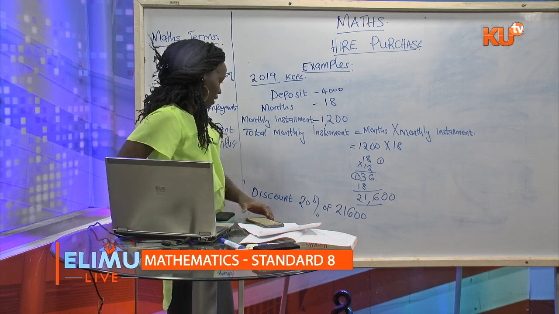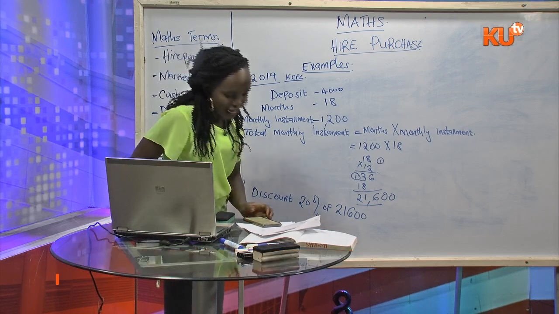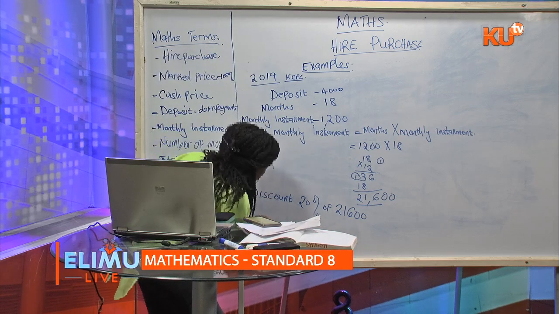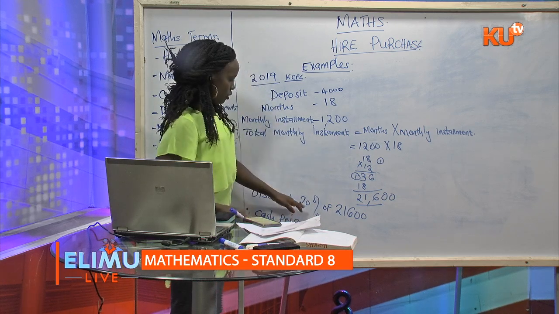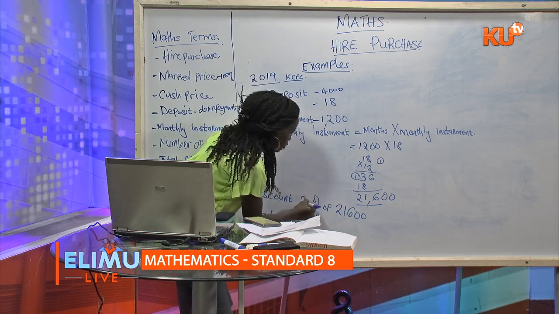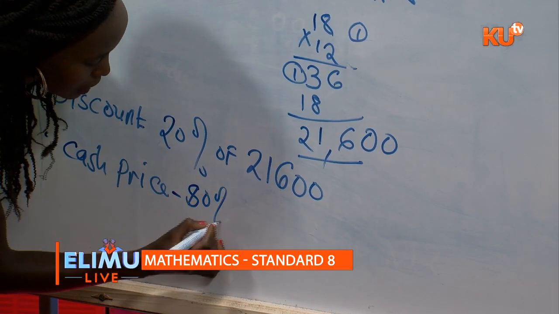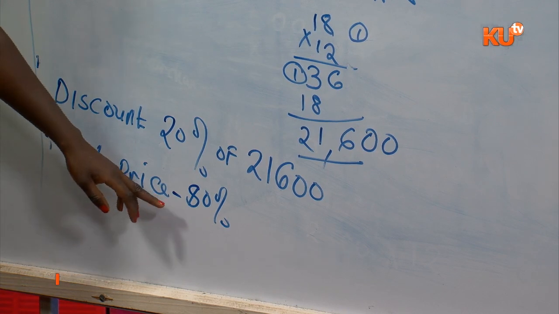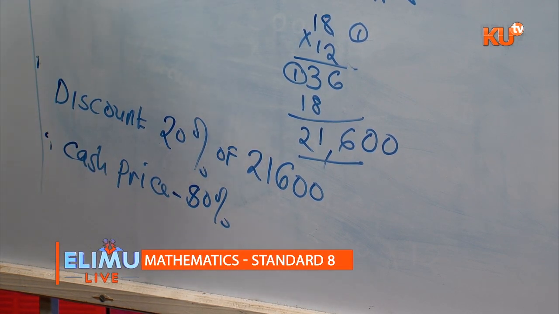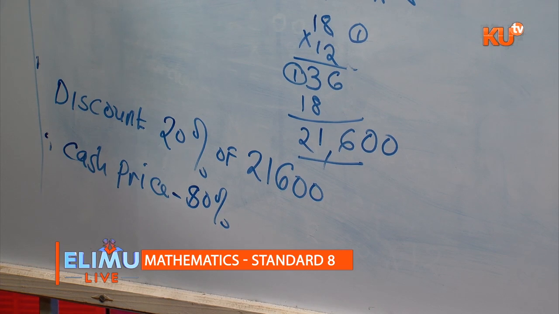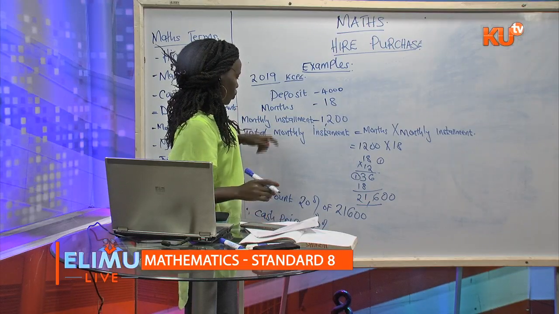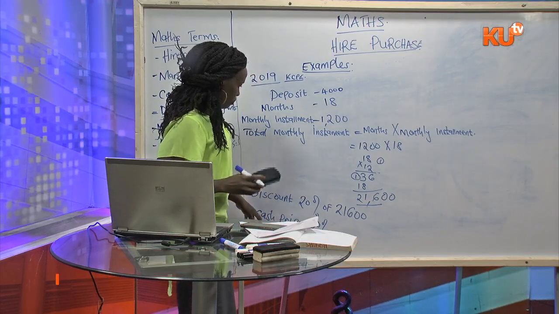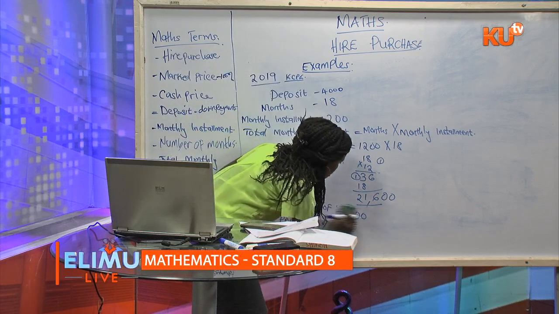If this person was given a discount of 20%, it means the cash price was below 100, meaning 100 minus 20, we get 80%. We are comparing the hire purchase and the cash price. So this is not correct here.